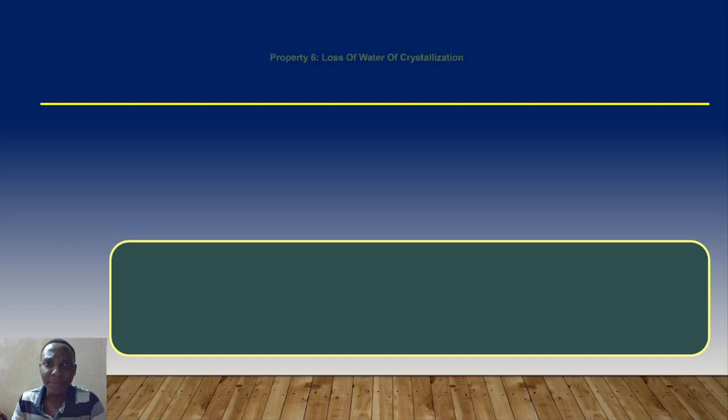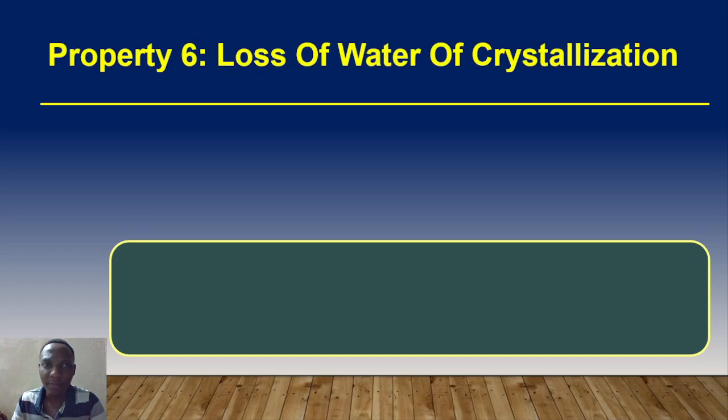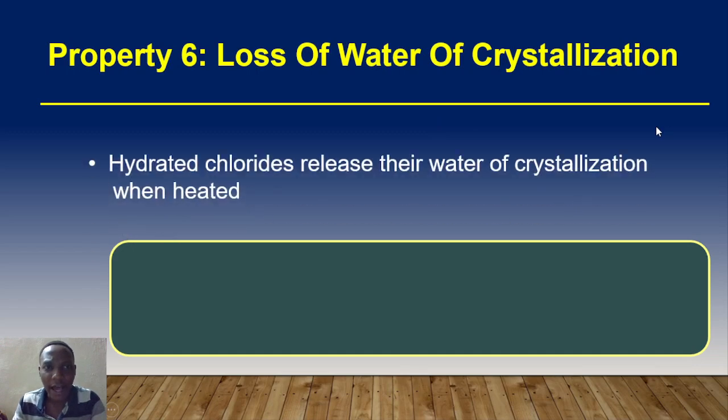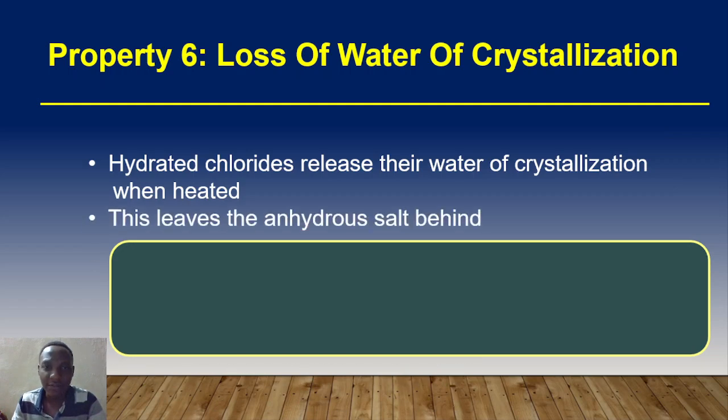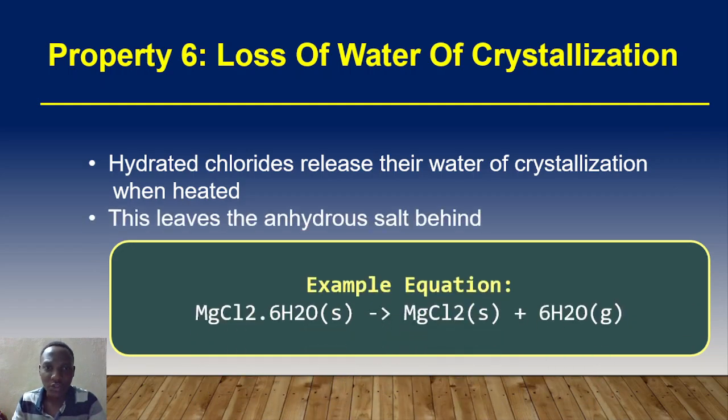That's clear. The other property, loss of water of crystallization. The hydrated chlorides release their water of crystallization when heated. This leaves the anhydrous salt behind. Here is the equation. For example, magnesium chloride, a hydrated chloride, releases its water of crystallization as water vapor when heated.